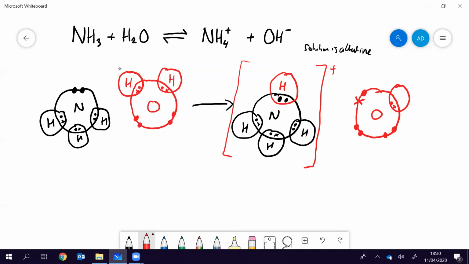And that one, the cross came from the hydrogen atom, which is now gone and has left it behind. So this is now a hydroxide ion. It's negatively charged. Okay, in the next video, I'm going to give some more examples of dative covalent bonds.